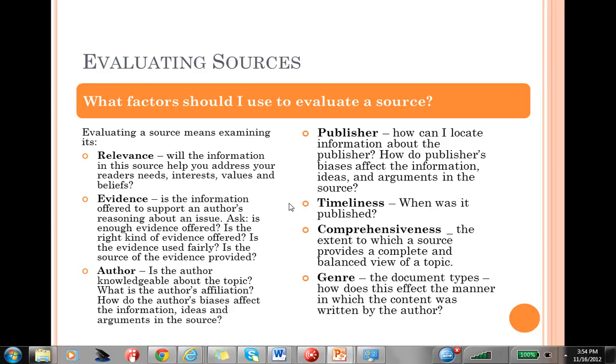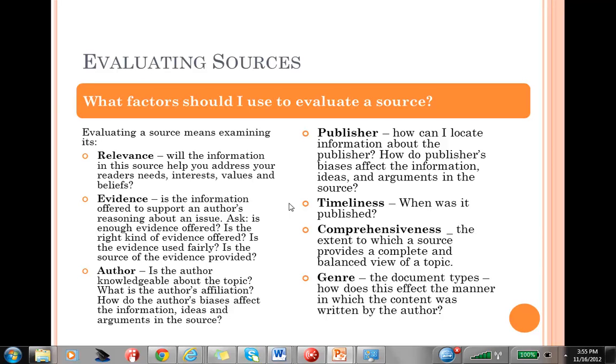You want to think about the timeliness of the article. When was it published? If you're talking about something that's an issue today, don't use an article from the 1890s, right? Or even the 1980s. Comprehensiveness. Is your source complete, and does it give a balanced view of your topic?